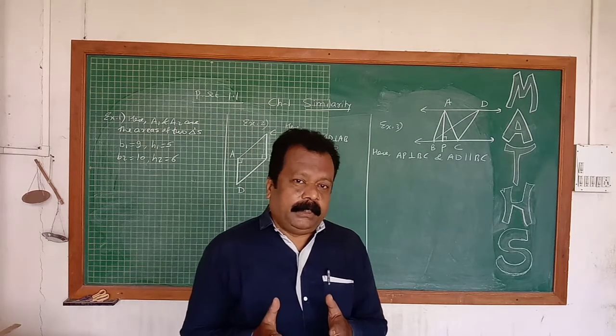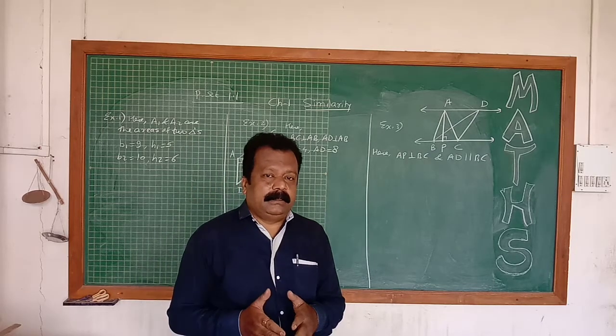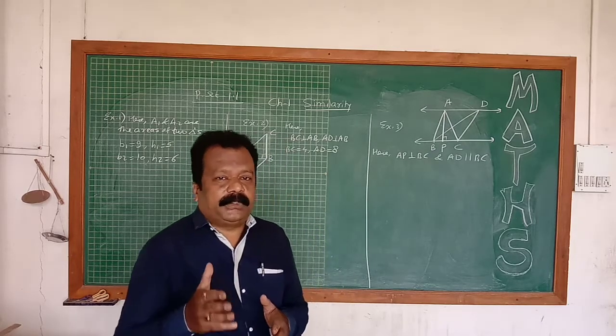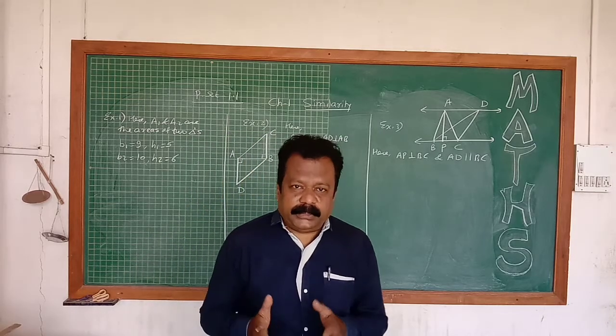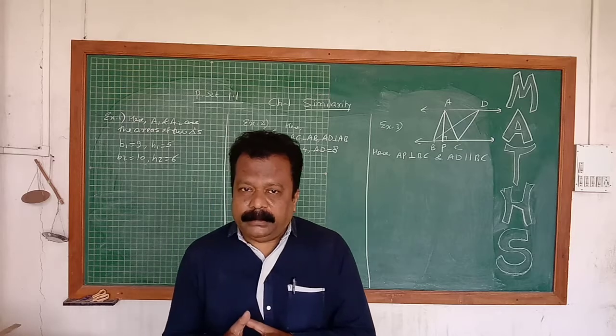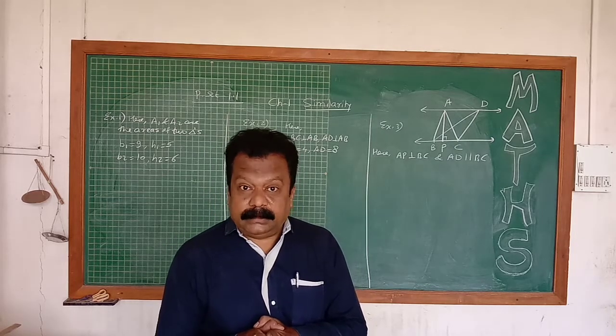Second property: the ratio of areas of two triangles having the same base is equal to the ratio of their corresponding heights. And property number 3: the ratio of areas of two triangles having the same height is equal to the ratio of their corresponding bases. These are the three properties.